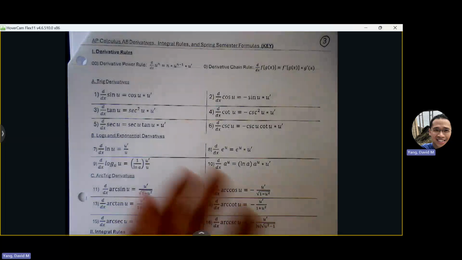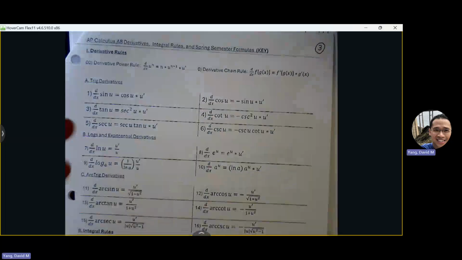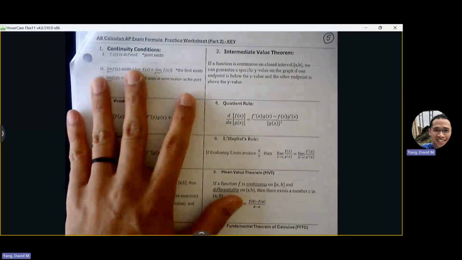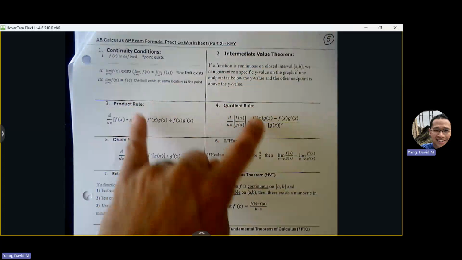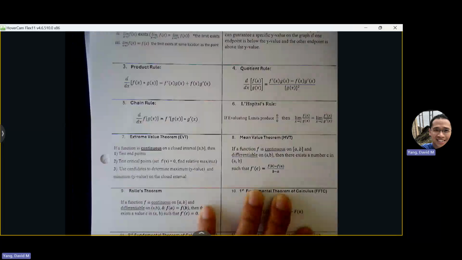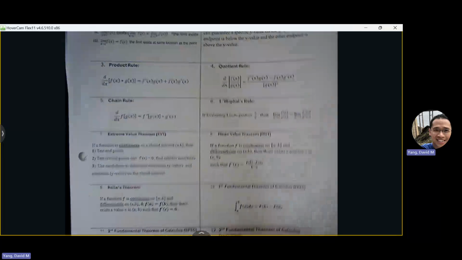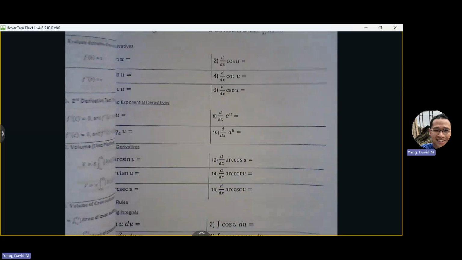It has all the formulas, first and second semester, in terms of derivative and integral rules, and I also included a worksheet with formulas for miscellaneous first and second semester topics that are not quite derivative or integral rules. There are a lot of theorems that I put here, so it's good to look through.